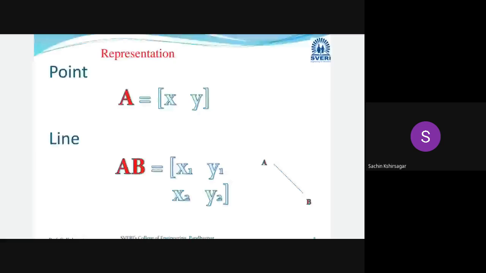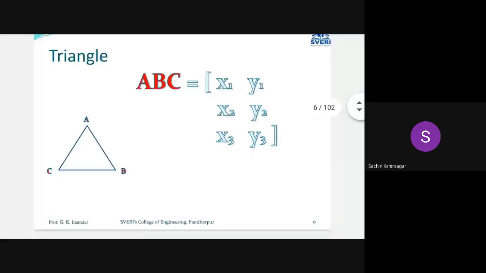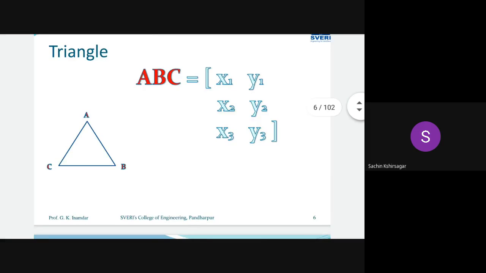The location of the point is x distance from the y-axis origin and y distance from the x-axis, then point A is located. A line can also be written in matrix format: x1, x2 vertically, y1, y2. Two points will draw the line. Similarly for a triangle, 3 points will be there.